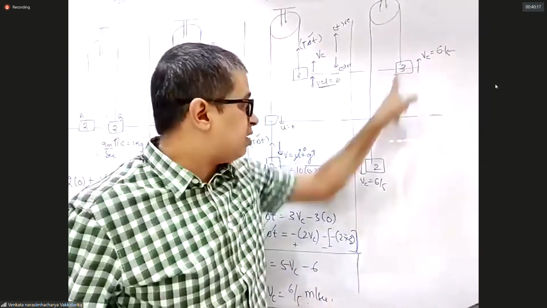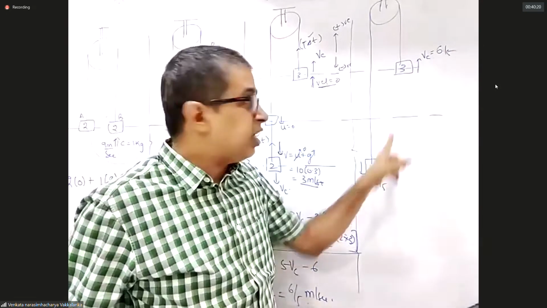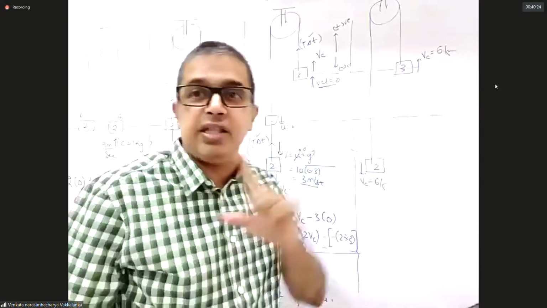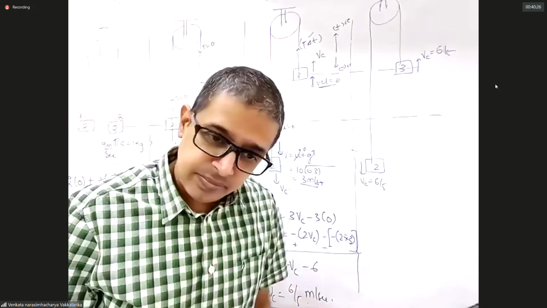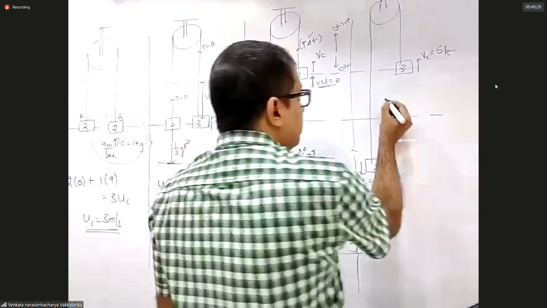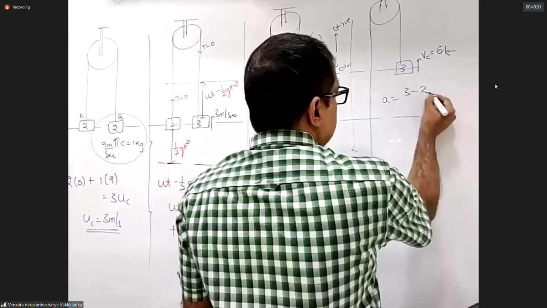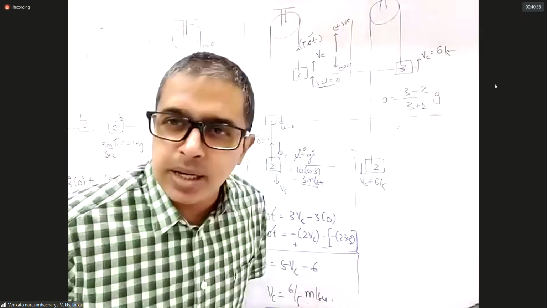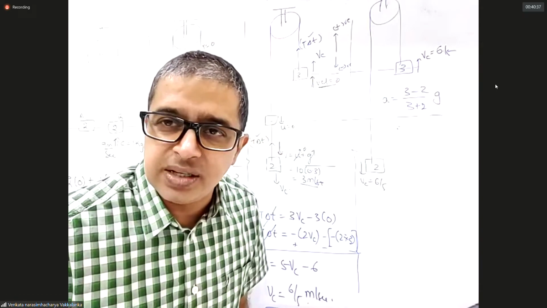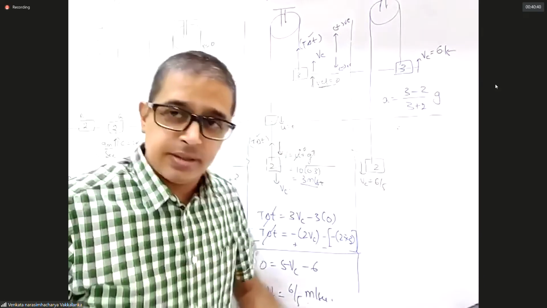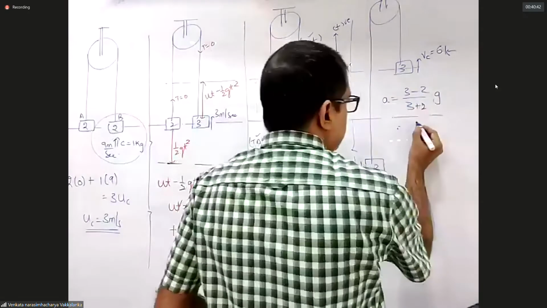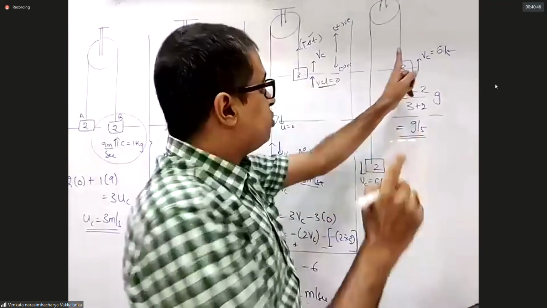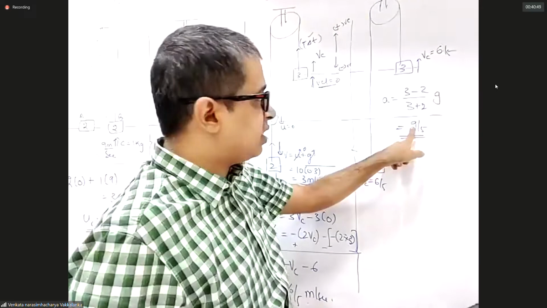But this mass is greater than this mass. So technically this should be decelerating in the upward direction or accelerating in the downward direction. What is that acceleration equal to? 3 minus 2 divided by 3 plus 2 into g. m2 minus m1 upon m2 plus m1 into g. This will be g by 5. This is decelerating in the upward direction with g by 5.